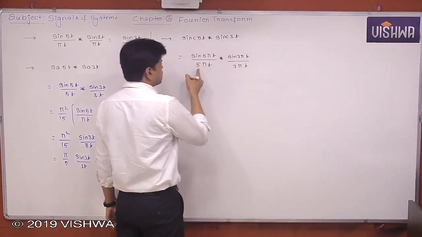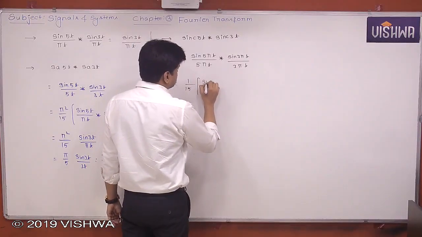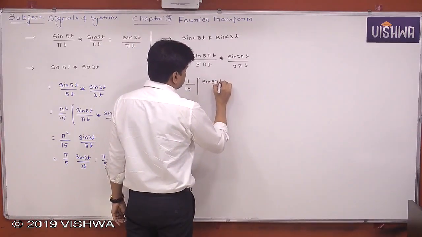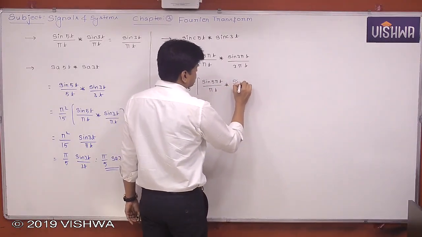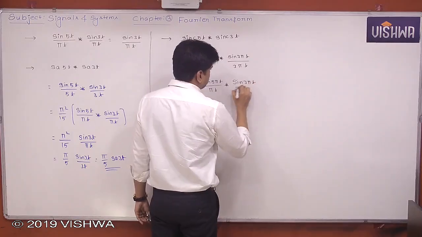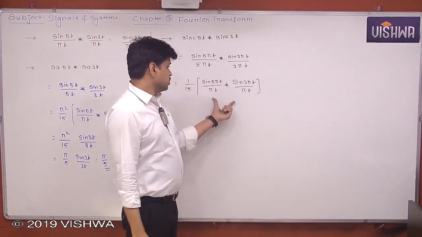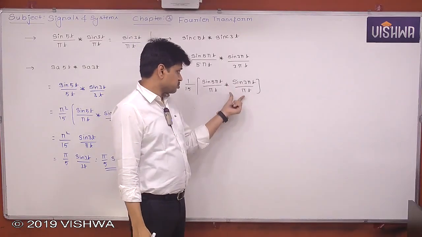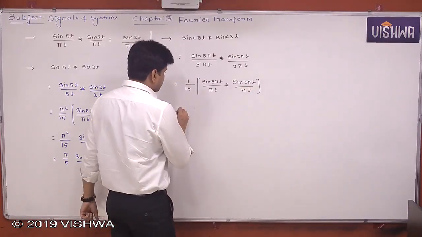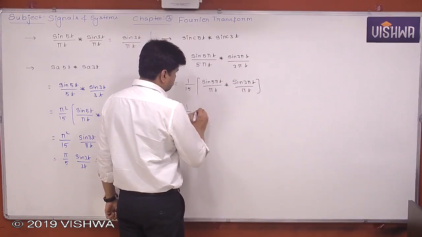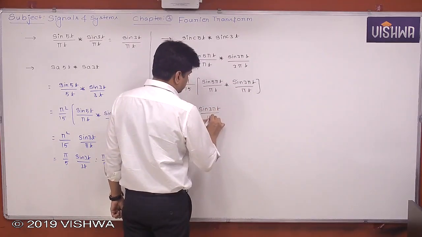This 5 is extra, so write it down, 1 by 15 sine 5 pi t by pi t convolution with sine 3 pi t by pi t. And for this we have the smaller one, sine 3 pi t. So this is what we are going to get finally, 1 by 15 sine 3 pi t by pi t.